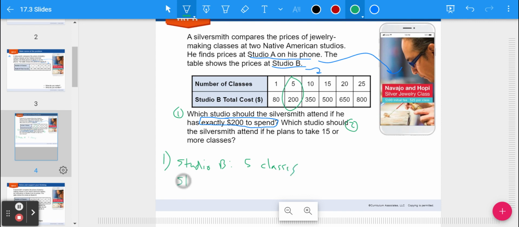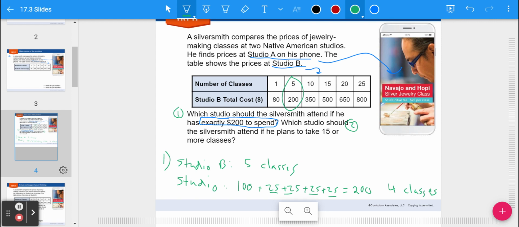And Studio A, we don't know yet, but if we take the $100 plus 25, we could add that 4 times. 25 times 4 gets you another 100. That equals $200. That would be 4 classes. 1, 2, 3, 4. So that is 4 classes.